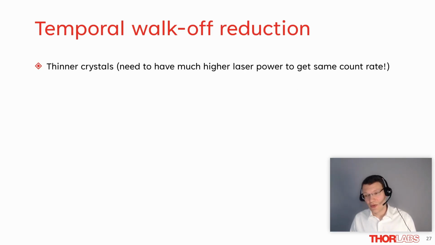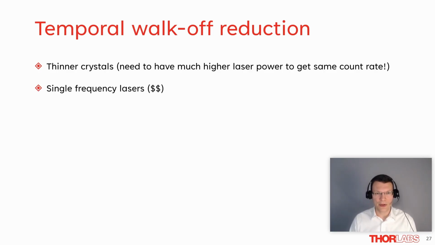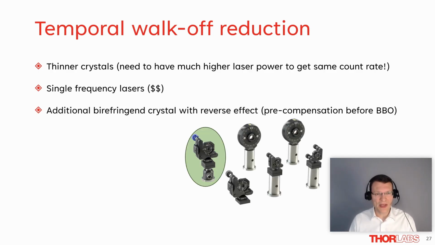First of all, the thinner crystal version, which we already ruled out because of the count rate and higher laser power. You can use single frequency lasers. They start at like 3 to 4K, but for an educational experiment, you don't want that. And so what you do in practice, again, is you introduce another birefringent crystal that does a pre-compensation, again with the reverse effect of the temporal walk-off.